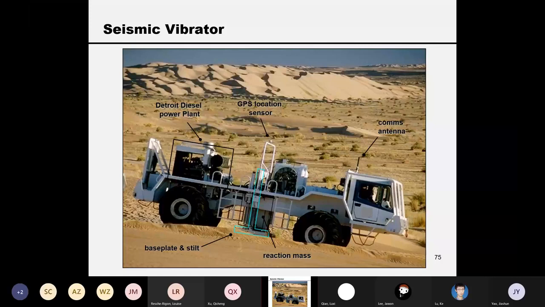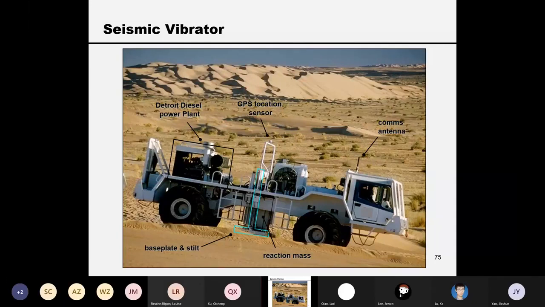The acquisition we started last week. One of two important sources for land seismic is this big truck, the vibrator for vibration. The fundamental mathematical theory for this type of method is cross correlation.